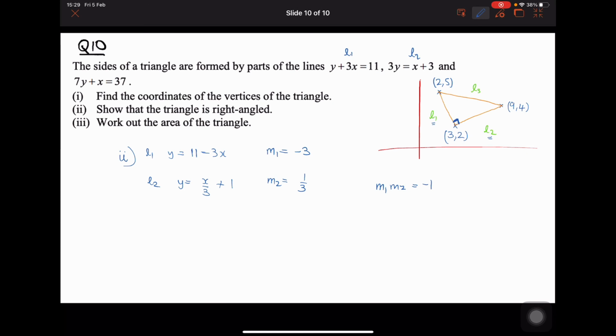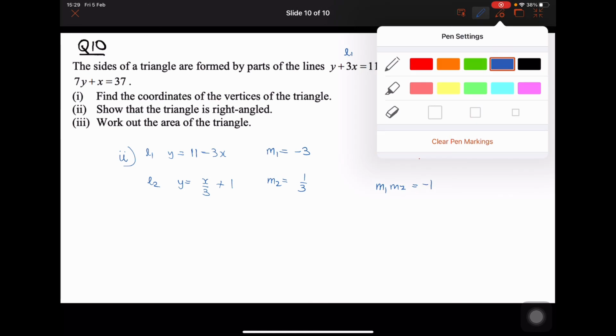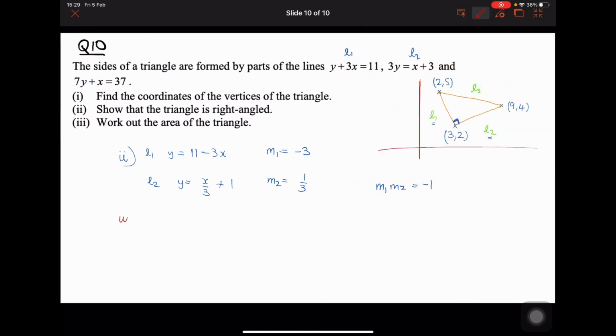Work out the area of the triangle. We need to use Pythagoras' theorem. So 6, 2, I'll call this x1. Actually, x2 would be more suitable. x1.